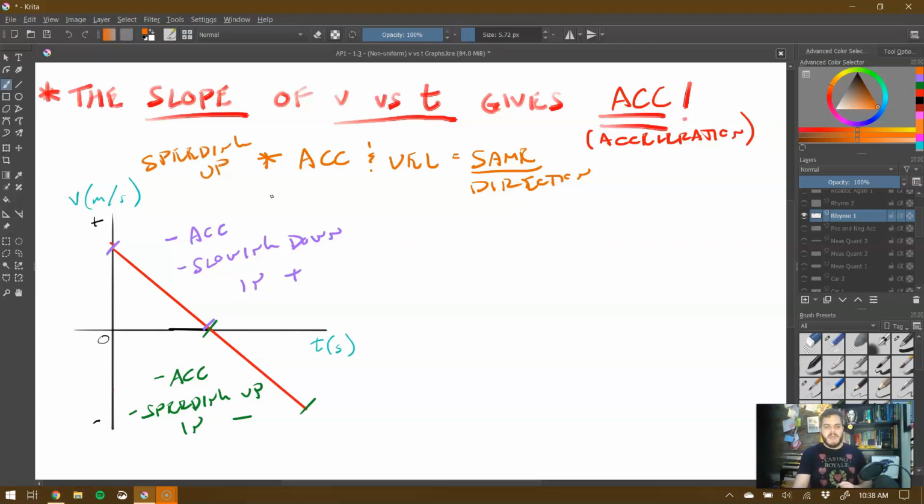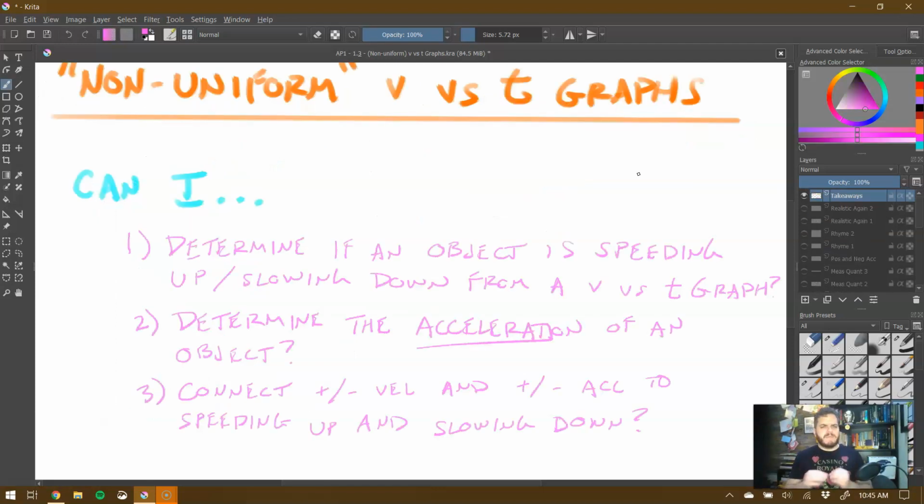Similarly, if I have acceleration and velocity in the opposite directions, so one is positive, one is negative, rather than being both positive or both negative, this means I am slowing down.